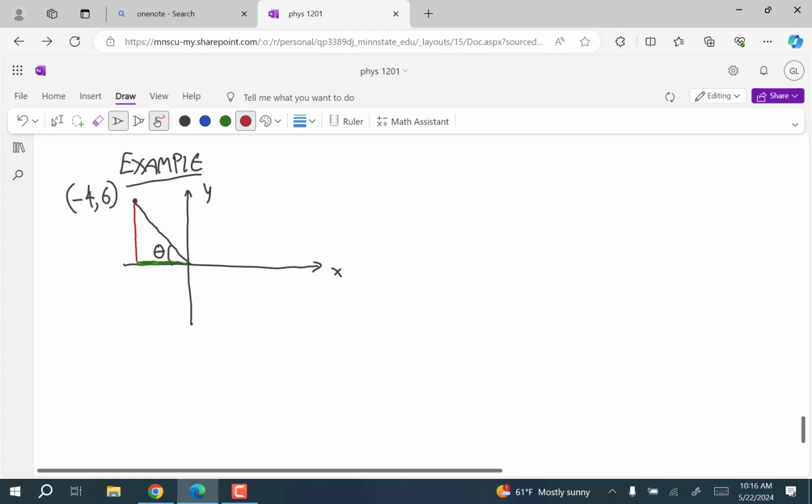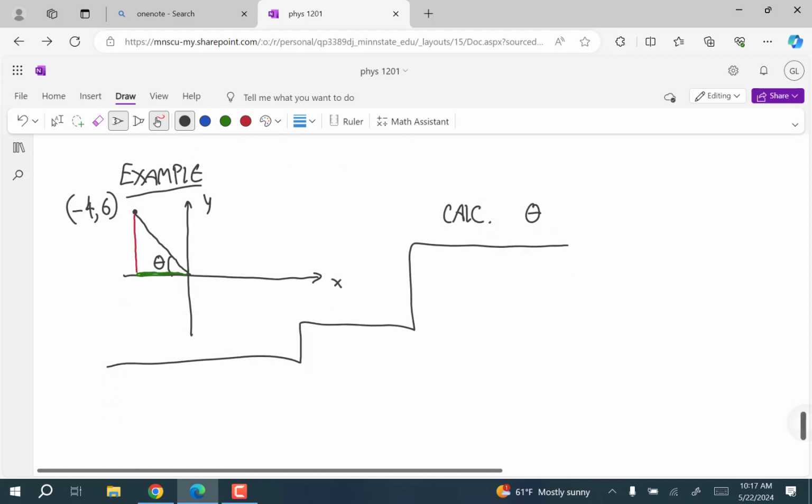The length of the red side is 6. And so how are we going to calculate that angle theta? Well, we know that, okay, so what we want to do is calculate this angle theta.